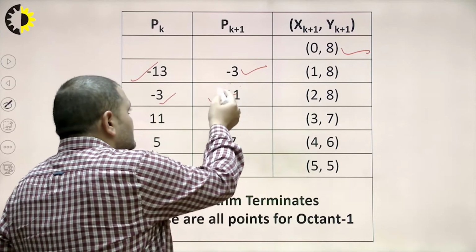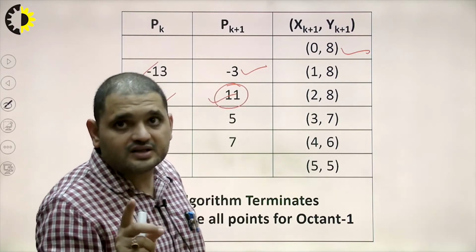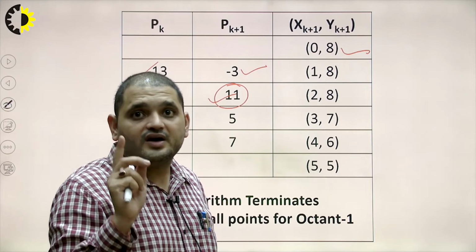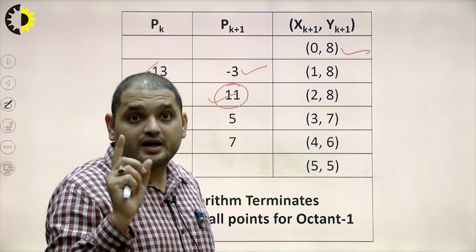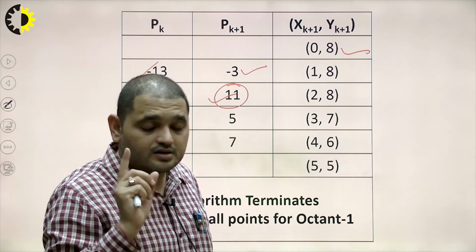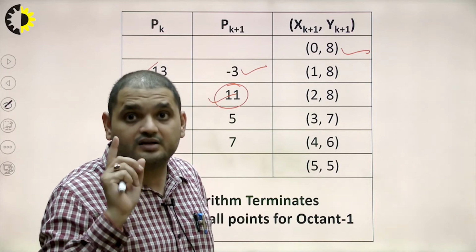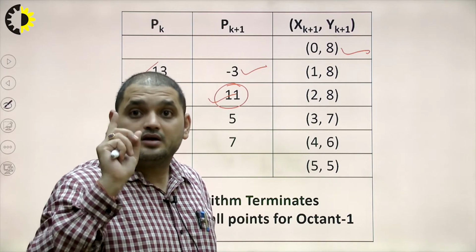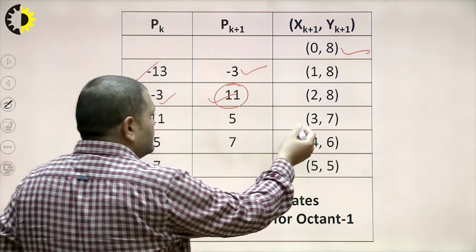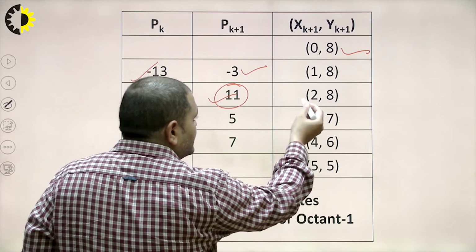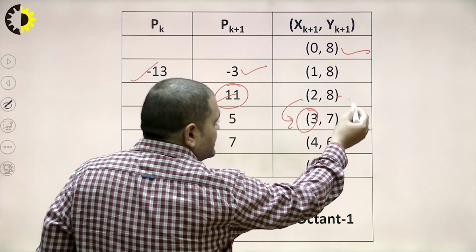You can see this 11 is greater than 0, so for greater than 0, 1 is incremented in x and 1 is decremented in y.